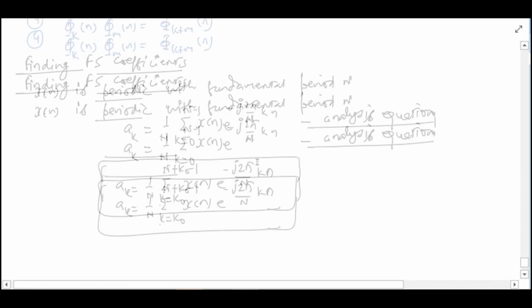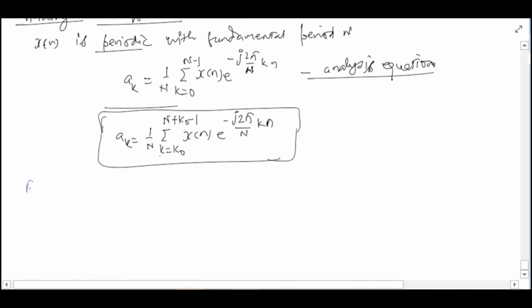Let's see an example. Consider x[n] equals 1 plus sine 2 pi by 10 n plus cos (4 pi by 10 n plus pi by 4).